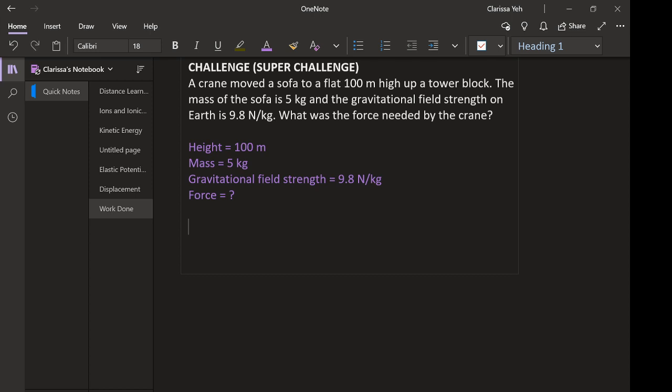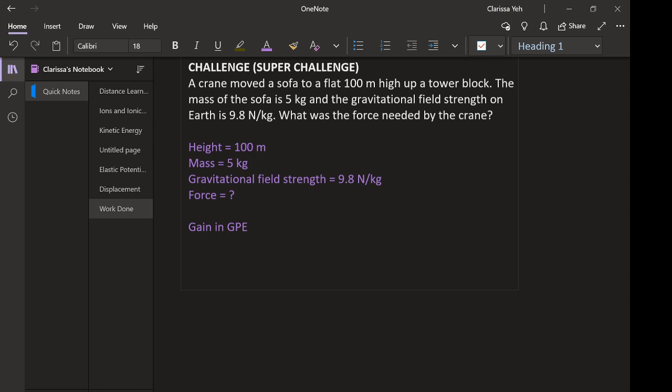So if I work out how much gravitational potential energy it changed by, then I know how much work done was done by the crane. So, we're assuming that it started from ground floor, meaning from 0 meters up high.